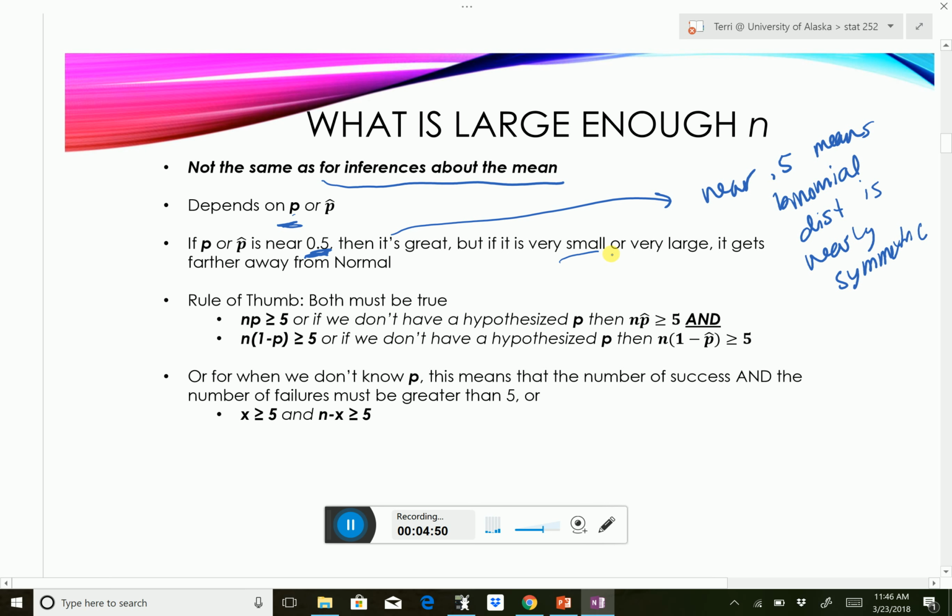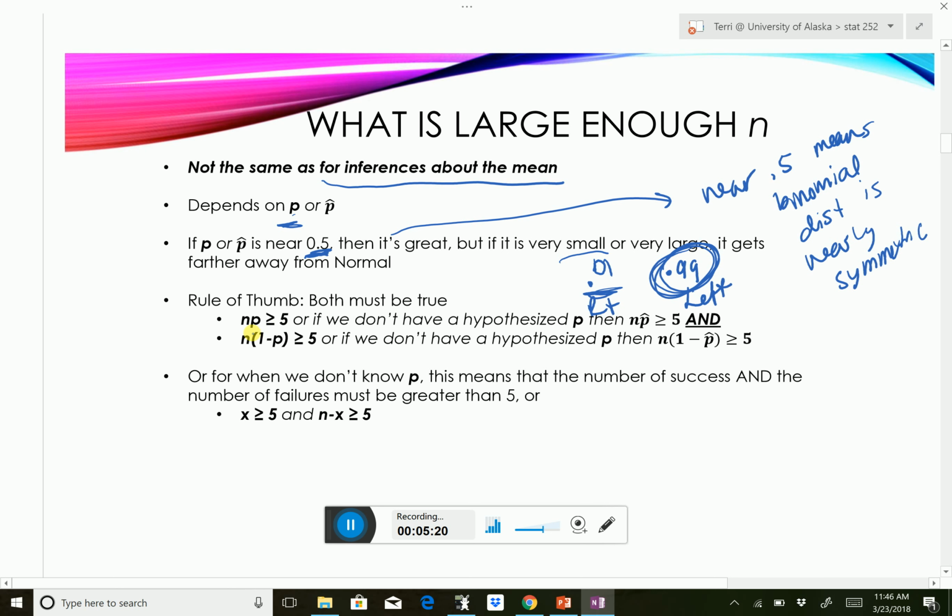But if it's 0.01 or 0.99, remember, 0.01 is way less than 0.5, so that's going to be severely skewed right, and this one's going to be severely skewed left. So we have a bit of a problem because we have to have a large enough n to pull this over to being normal.